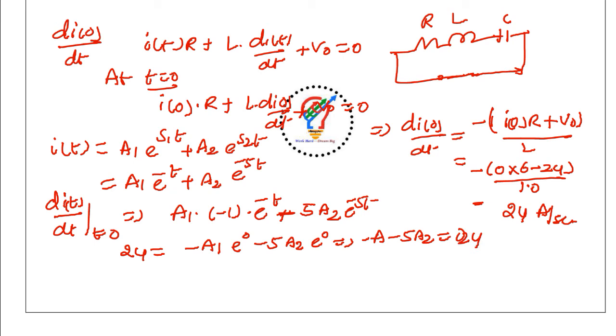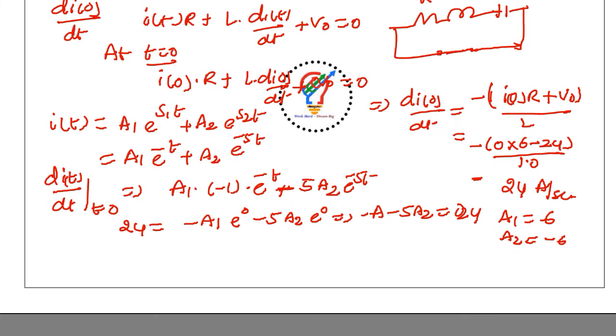By solving these equations, you will get a1 is equal to 6, a2 is equal to minus 6. Okay, so we want to find at t is equal to 5 seconds. So after 5 seconds means you can substitute here. So I of t is equal to, okay, so what is the value of a1 here?